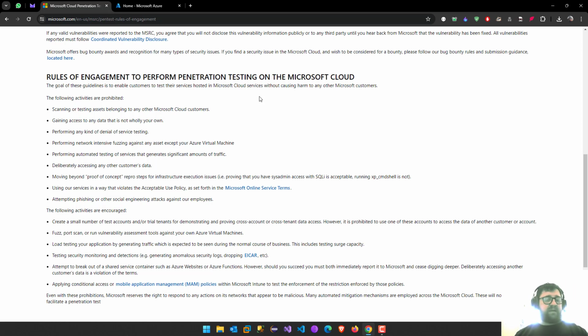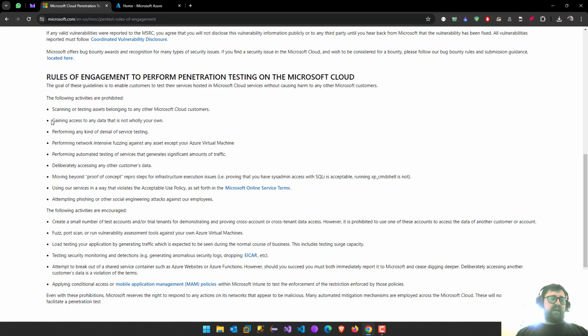It means we cannot scan other clients' accounts, like the first rule says. Scanning or testing assets belonging to any other Microsoft Cloud customers is totally and fully prohibited.